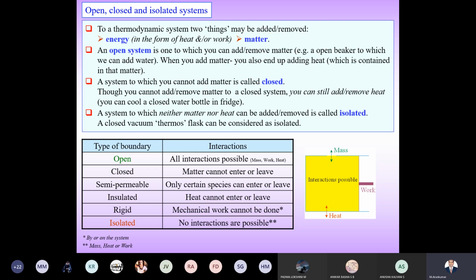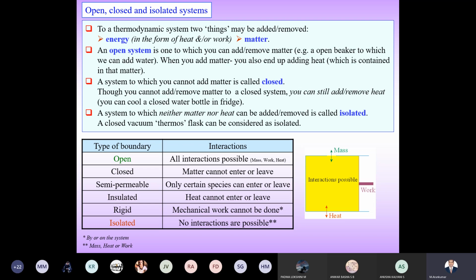We can't add or remove mass, that is matter, but we can transfer heat energy. If you heat the surrounding, the system's heat will increase, so we can add energy. If you cool the surroundings, we can remove the heat energy. That is called a closed system.